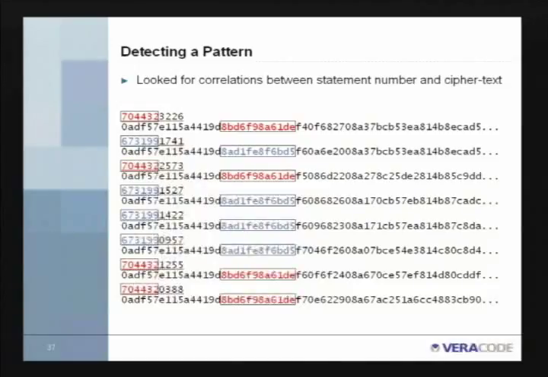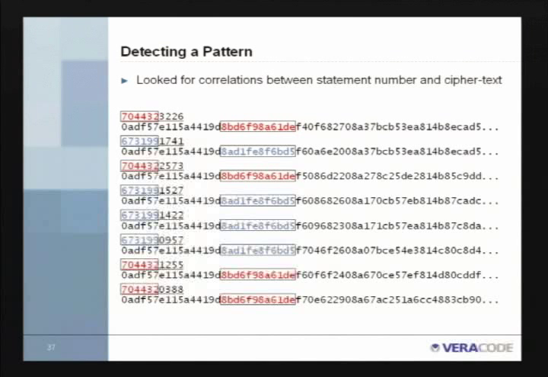So every time I have 704.432 in the plain text, I have 8B whatever in the ciphertext at that particular location. Similarly, when I have 673.199 as the start of the statement number, I have that corresponding blue chunk at the same place in the token. So that gives me a good idea of where the statement number is represented in the token.